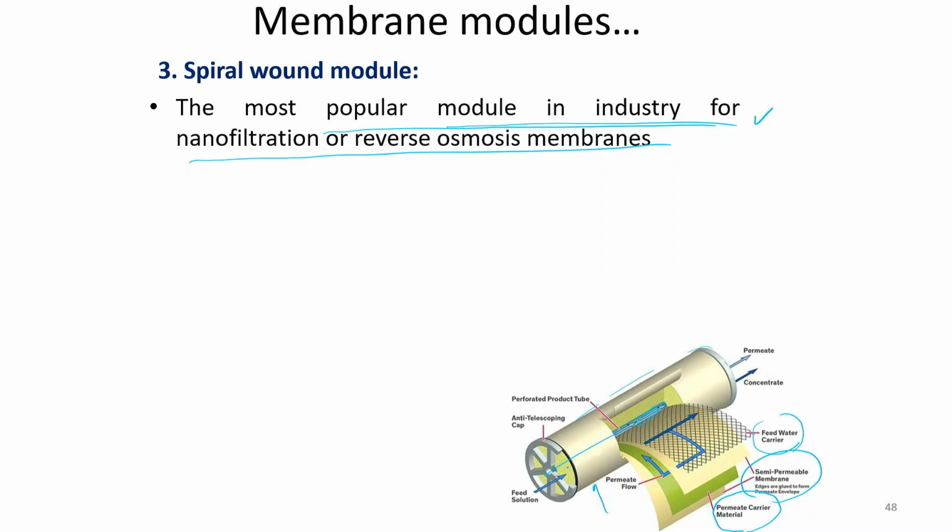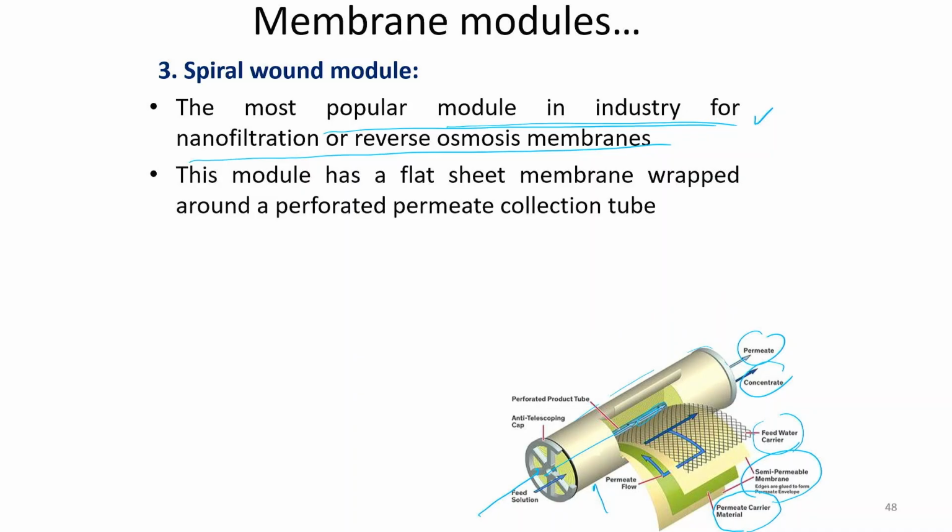Okay. So, there it is wrapped, and the feed solution along with the contaminants, the water, is forced inside, and the concentrate and permeate are collected after the filtration process. So, this mold has a flat membrane wrapped around the perforated permeate collection tube. Okay. So, this is a perforated tube.